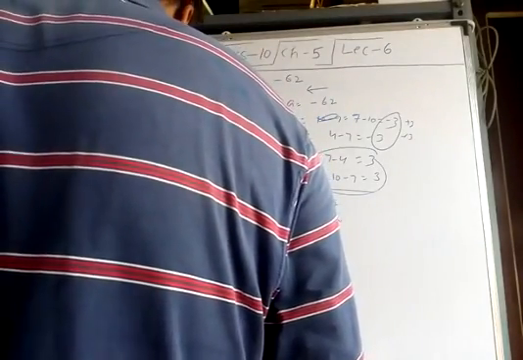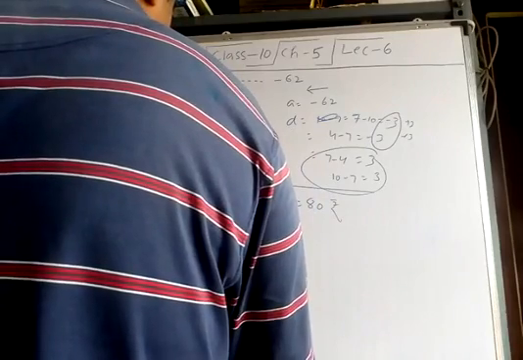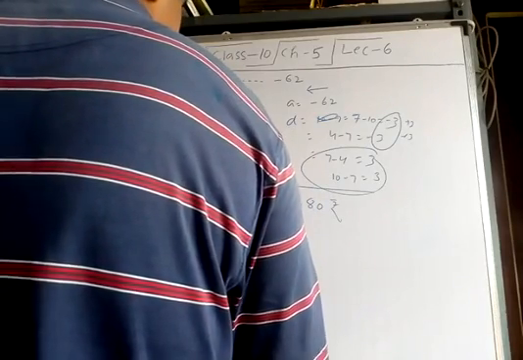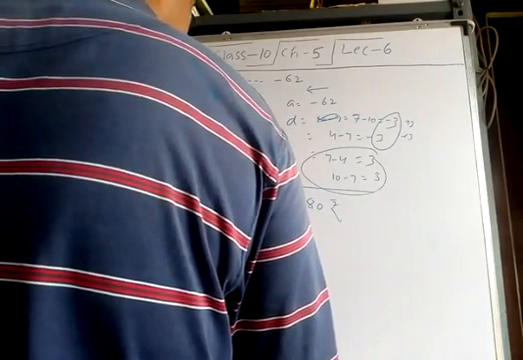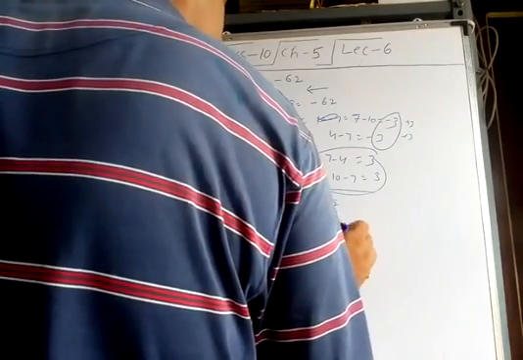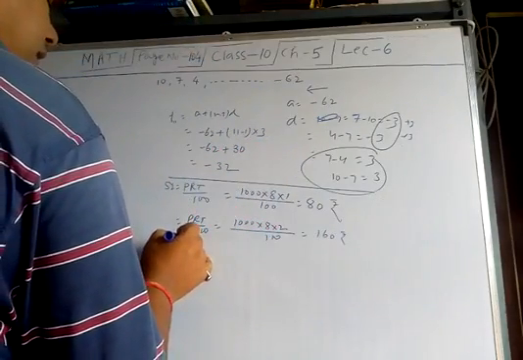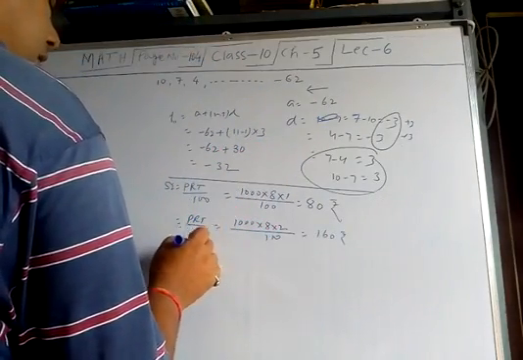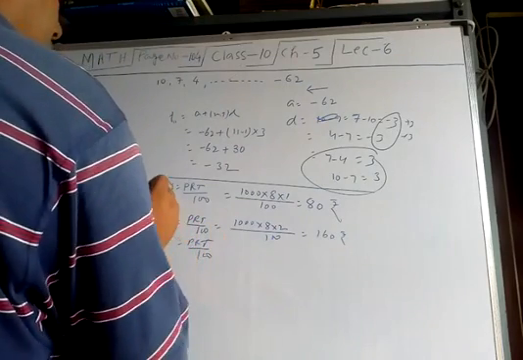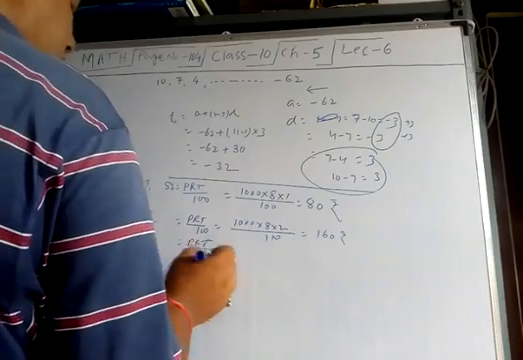Similarly, the interest at the end of the second year will be PRT by 100, then 1000 into 8 into 2 by 100, that is 160 rupees. At the end of the third year, the SI will be the same PRT by 100. This is the first term T1, T2 and T3.